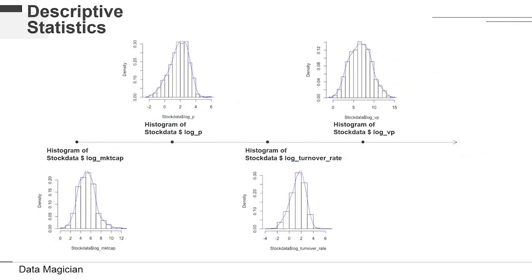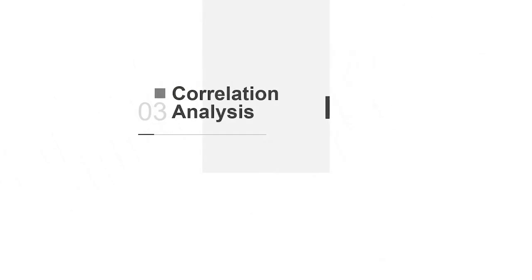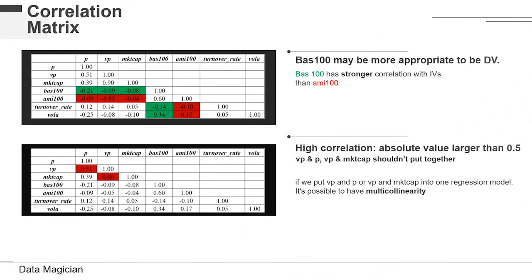In order to test the best performing regression, we need to select the most suitable DVs and IVs according to correlation analysis. As you can see in the first correlation matrix, BS100 has stronger correlation with IVs than ARMY100, so perhaps BS100 is the better DV in the regression.